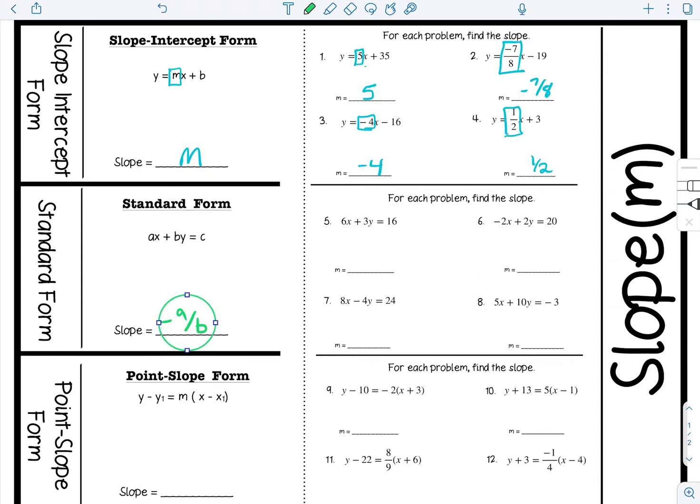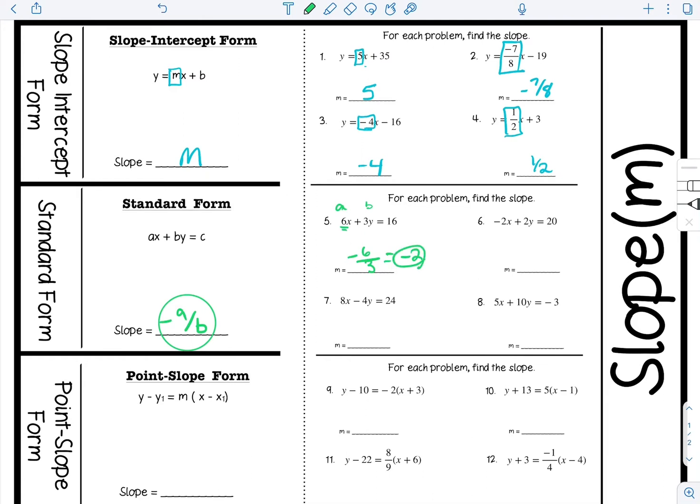So in each problem, we're looking for our a and our b. For instance, in number 5, our a is 6. Our b is 3. So that means that the slope would be the opposite of a, or negative 6, divided by b, which is negative 2.